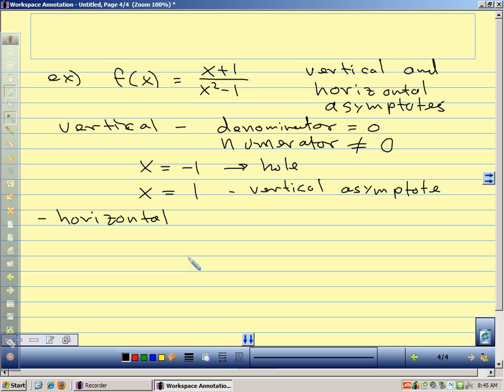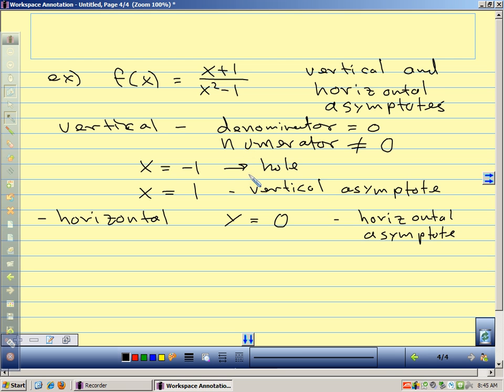Josh says y equals 0. The degree of the numerator is smaller than the degree of the denominator. So y equals 0 is going to be our horizontal asymptote, because the degree of the numerator is 1 and the degree of the denominator is 2.